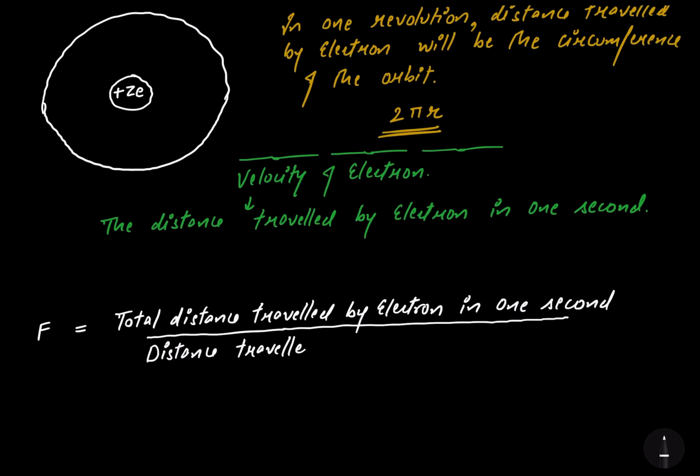By this way, you will get the total number of revolutions made by electron in 1 second, that will be called as frequency.